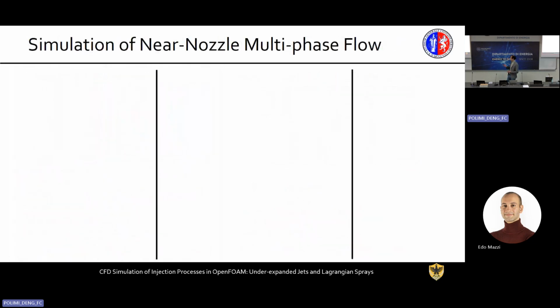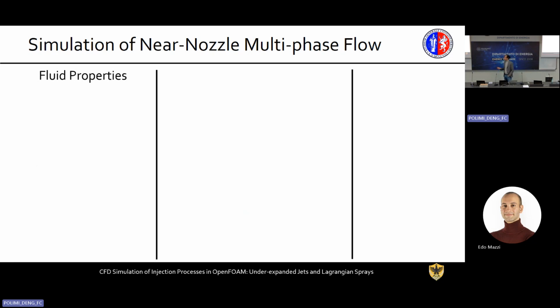So for this near nozzle simulation, within the collaboration with the University of Perugia, we are proposing this approach, which is thought for flash boiling transition and to represent flows with strong compressibility effects, which are the ingredients to get a code that is actually capable of handling this kind of flows.